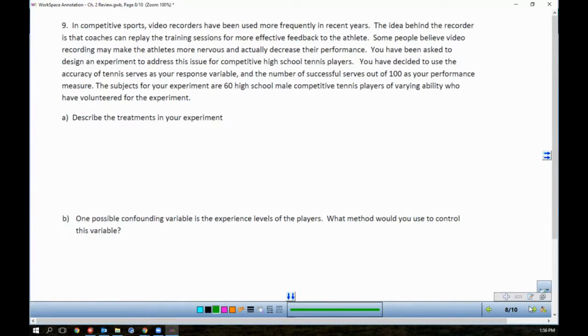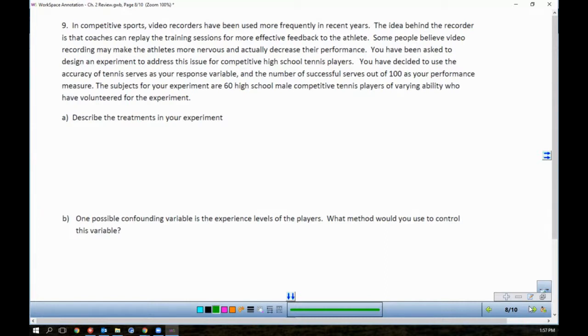Describe the treatments in your experiment. When it asks that, is it asking how you found it or just what the treatments are? Just what the treatments are. Yeah, we just learned it. That's right.